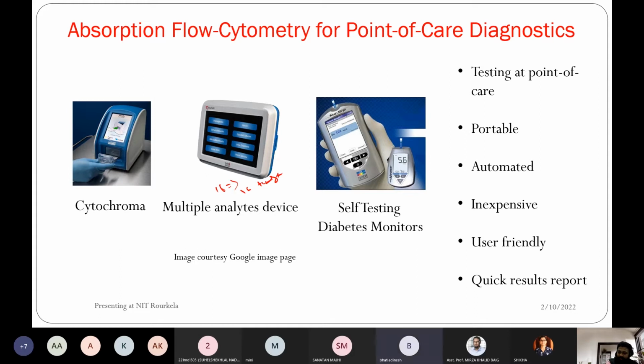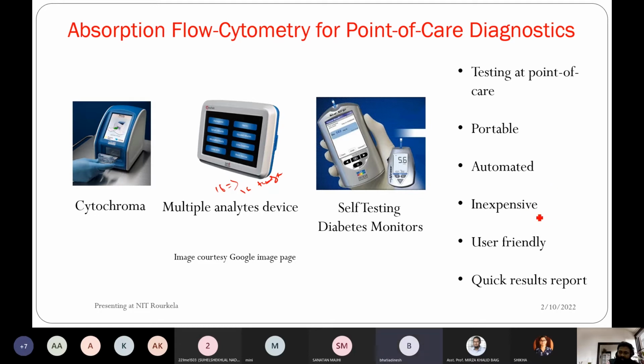When you give a sample, suppose you pick the blood sample and put it here, it detects automatically when you switch it on and off, right? Whatever internal algorithm has been developed, it works based on that.